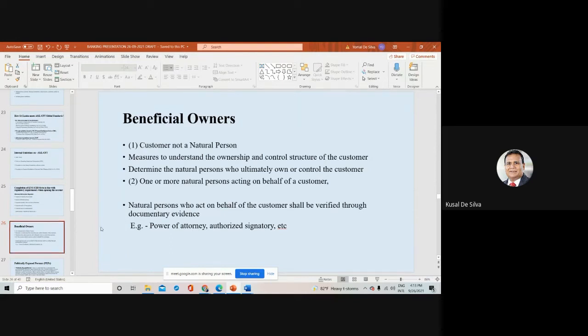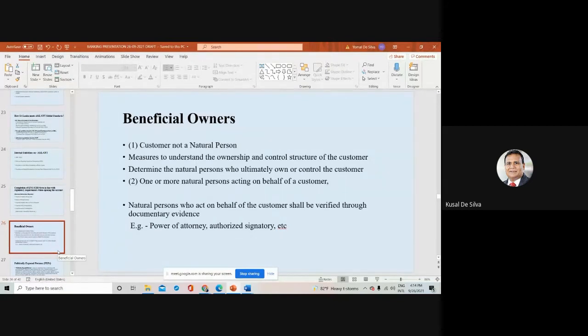There are different types of arrangements, and people use loopholes in the banking system to hide themselves, open accounts and operate without getting noticed, and even if something happens, they are not liable. So the bank has a major compliance role to play, to prevent the banking system from being used for illegal activities.